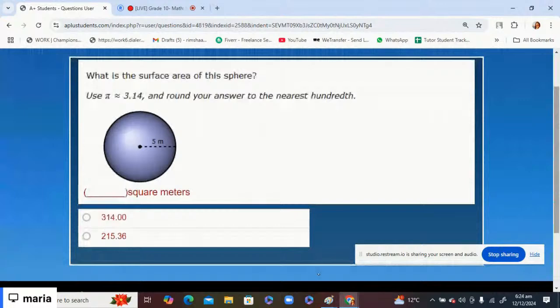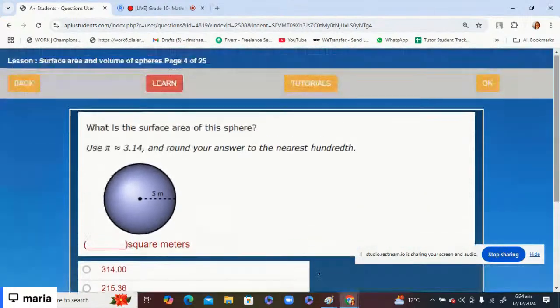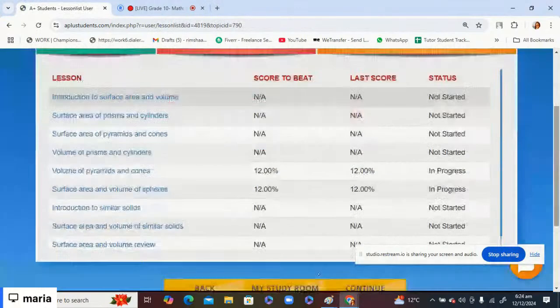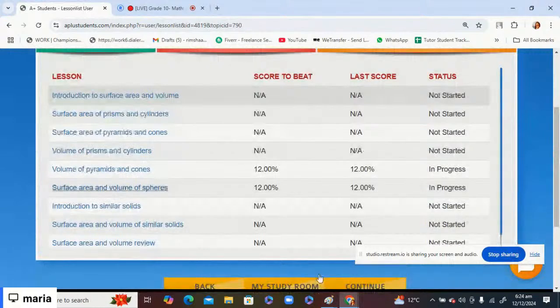Okay, this is the way that you solve the questions. Now you solve the rest of the test 2 questions by yourself. Okay, I already told you how to use it and all that. So we have done the volume of pyramids and cones, surface area and volume of sphere.